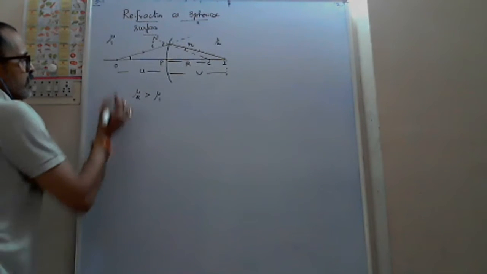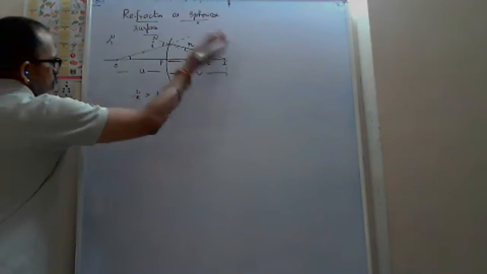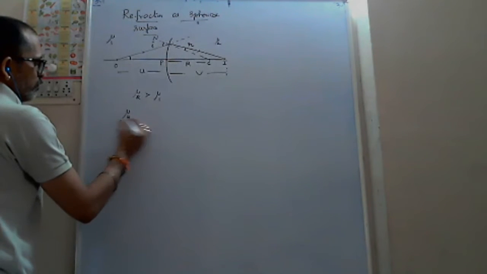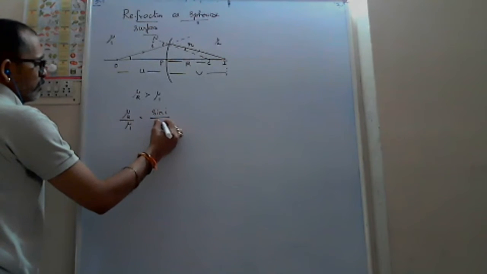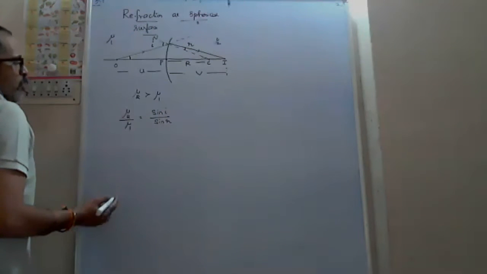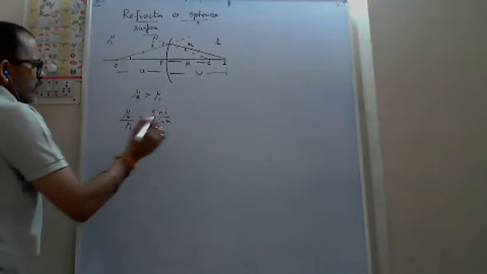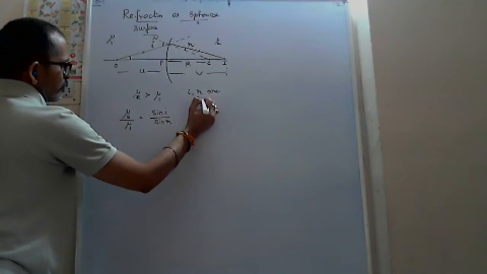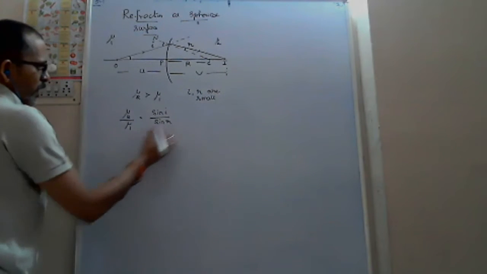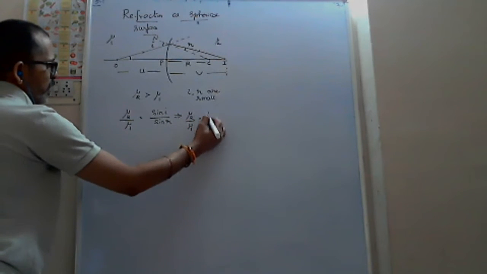First, you can write Snell's law: mu2 by mu1 is equal to sin i by sin r. Throughout the chapter, we take the angles to be small, so i and r are small. Then can I write this formula as mu2 by mu1 is equal to i by r?